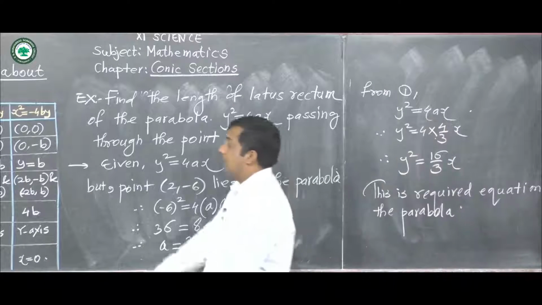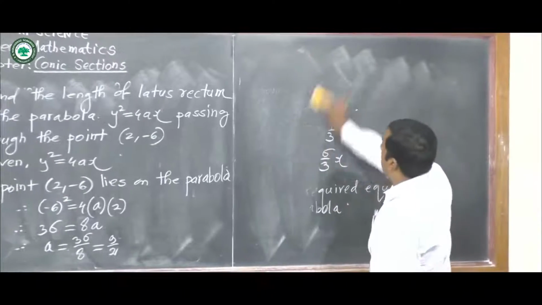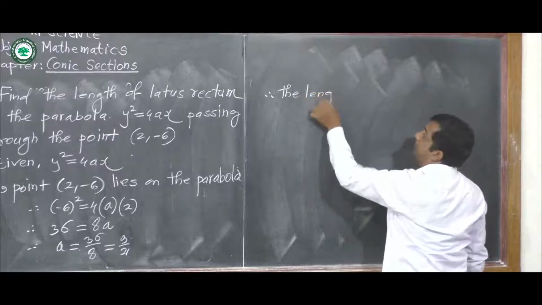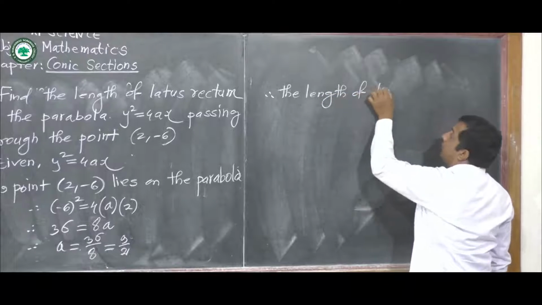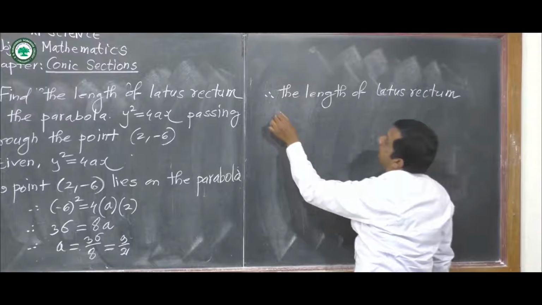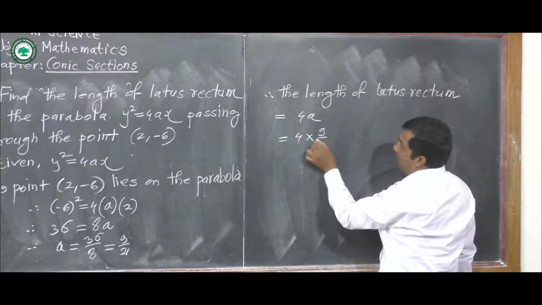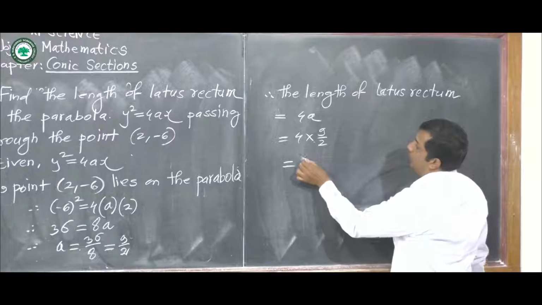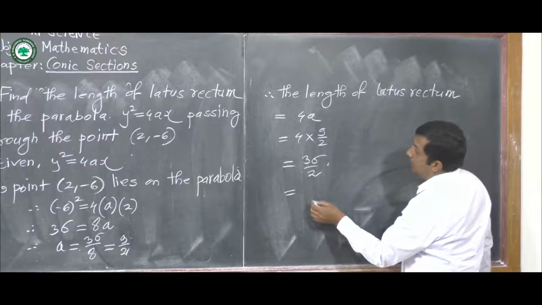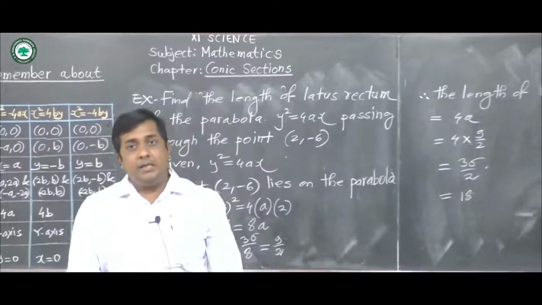Now we know the length of the latus rectum is 4a, so directly we use this form. Therefore, the length of the latus rectum is equal to 4a, which is 4 into 9 by 2, is equal to 36 upon 2, and 36 upon 2 means we get 18 units.